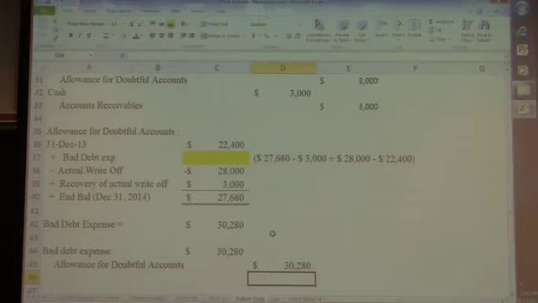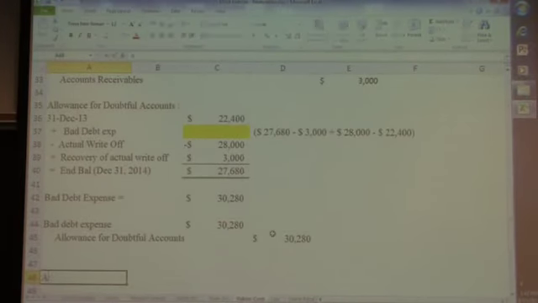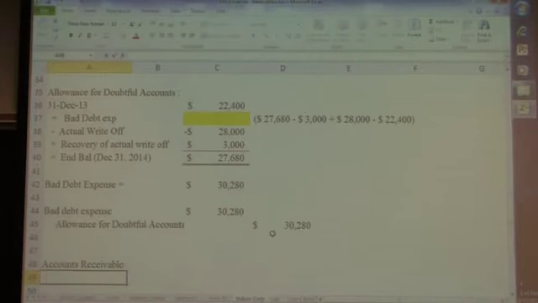And then the next question they ask you is, what is the net realizable value of Yukon's receivables for 2013 and 2014? So let's take a look at the net realizable value. We have the accounts receivable, and we subtract the allowance for doubtful accounts for each of those years.